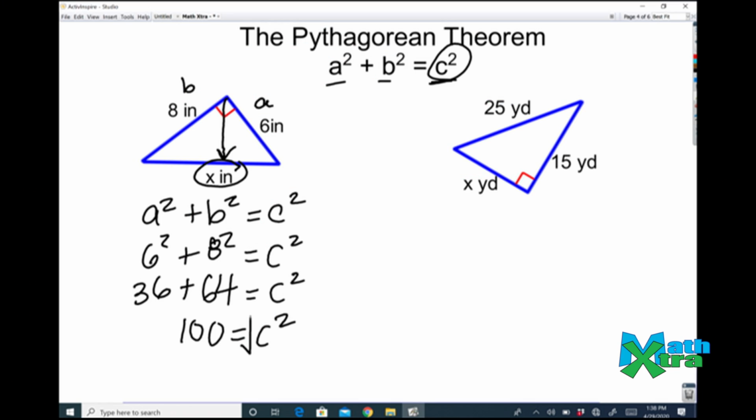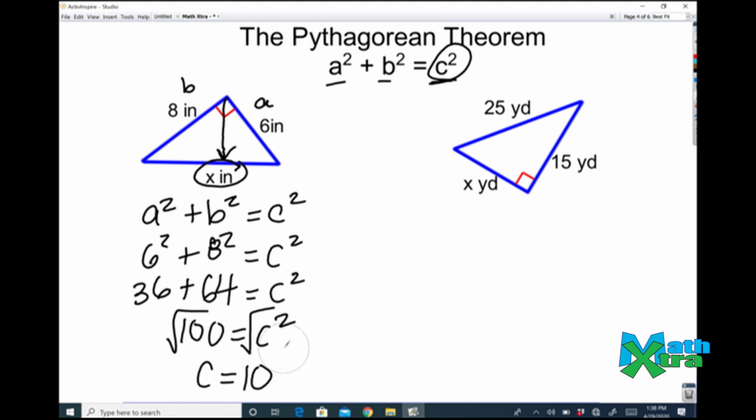We do not divide by 2. We are asking ourselves, what number was squared to give me C squared? And the square root actually asks that question. What number was squared to give me the number inside of the radical? So we take the square root. So we have C is equal to 10.